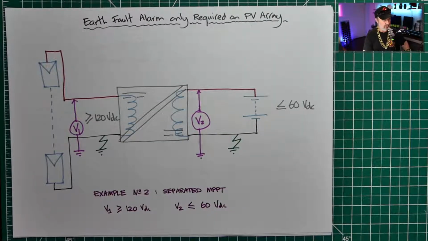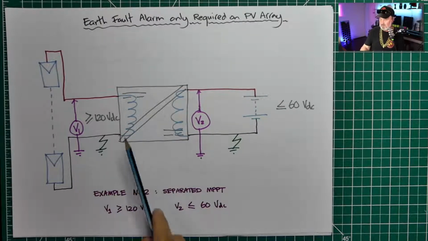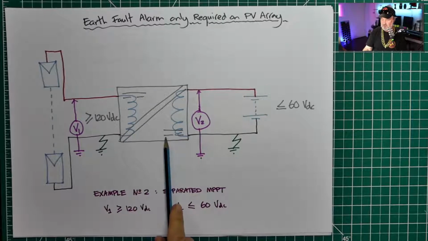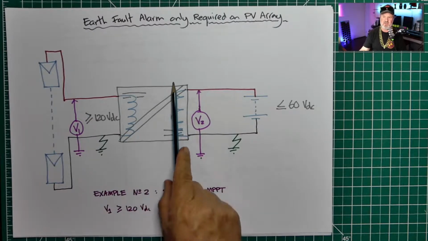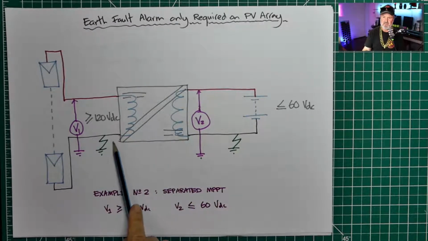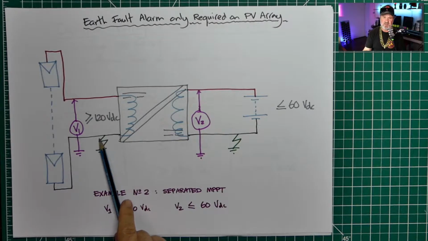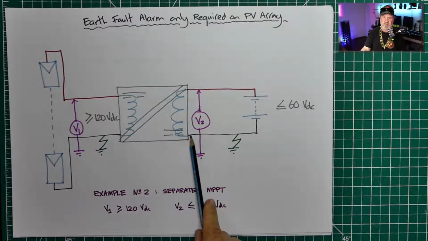And here we've got a separated MPPT. Now, not so common. In fact, my guest might be able to tell me, I'm just flagging this one, which ones do have galvanic separation that are on the market in Australia. But if it does have galvanic separation, I've shown it like it's got an isolating transformer inside. That means the electrons on the PV array side can't cross over to the electrons on the battery side.